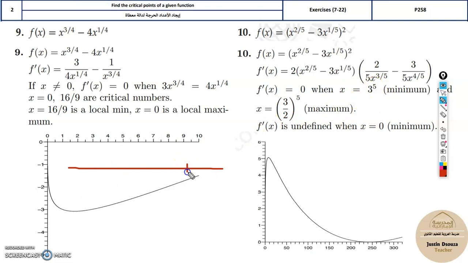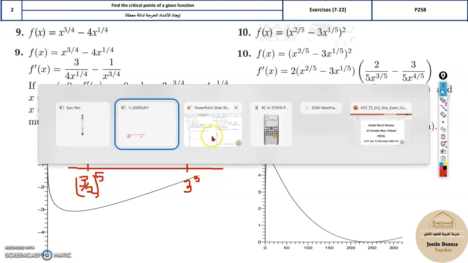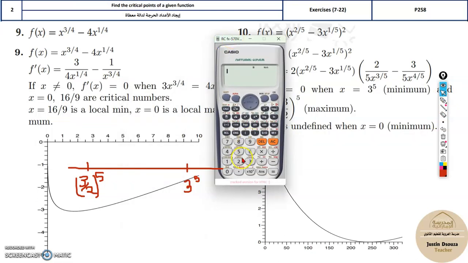Say, for example, 3 to the power 5 is bigger than 3 by 2, the whole power 5. So then we will take test values. Now we need to know what is 3 power 5. It's a huge number, 243. Now 243 over here, we should take any value less than 243 and more than 243.